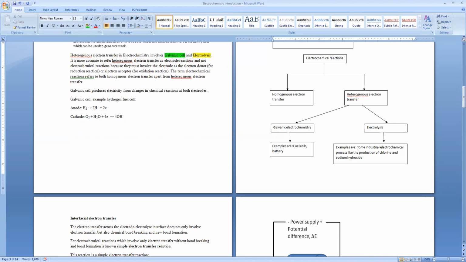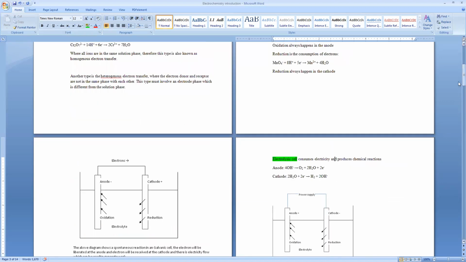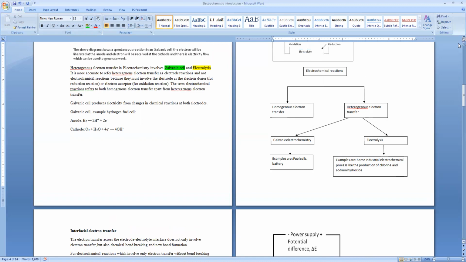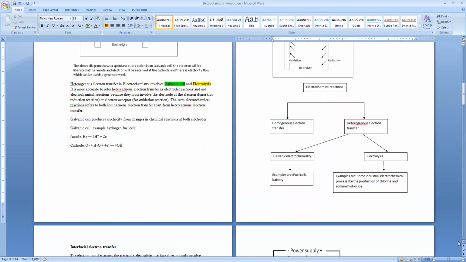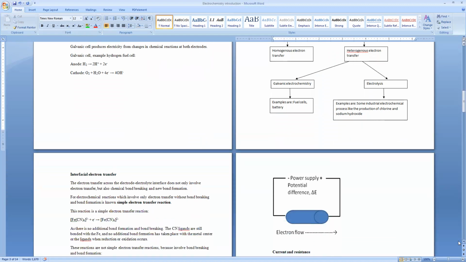In electrolysis, we must always have an external power source, because without this power supply, there can be no chemical reaction at the anode and at the cathode. So these are the summary of the two types of electrochemistry.